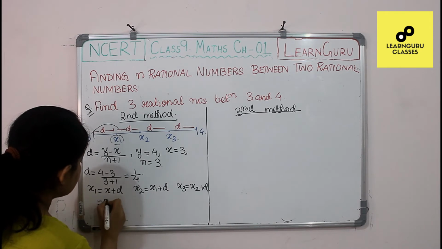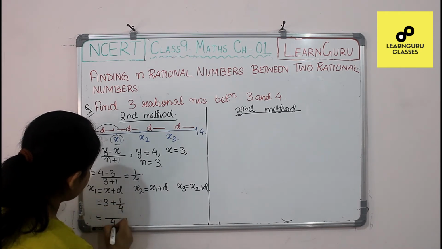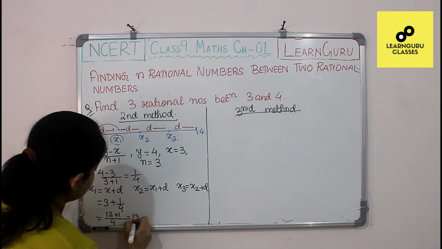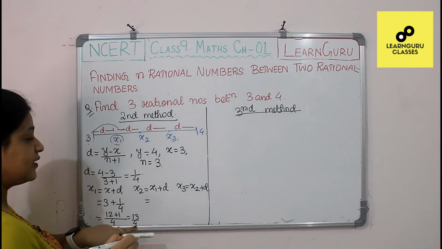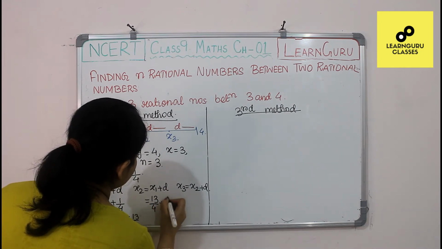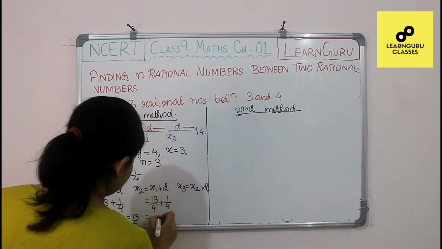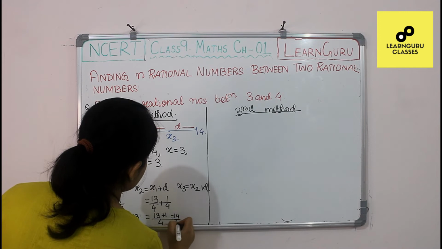So x1 is 3 plus 1 by 4. Take the LCM as 4: 4 3s are 12, plus 1, that is 13 by 4. x2 is x1 plus d, that is 13 by 4 plus 1 by 4. So with 4 as the LCM, 13 plus 1, that is 14 by 4.